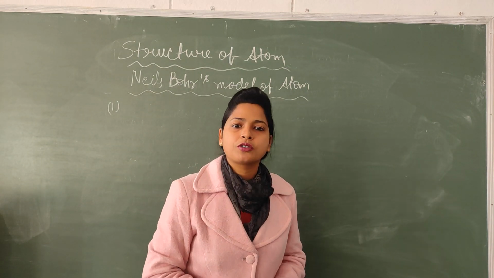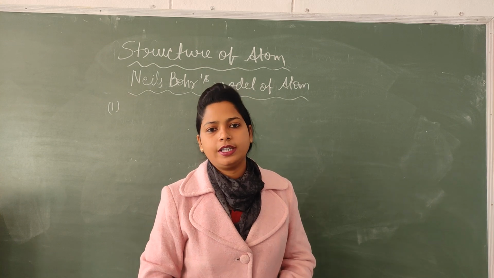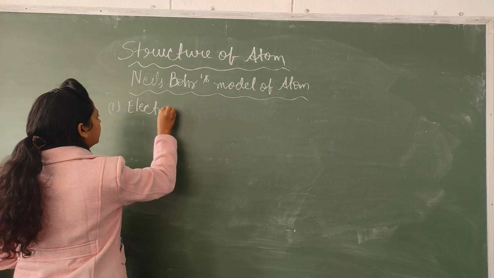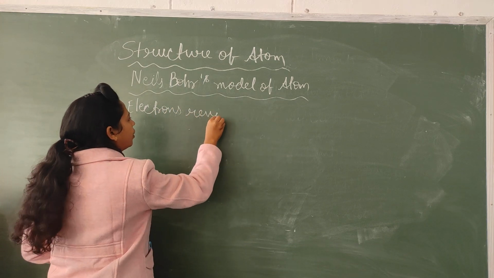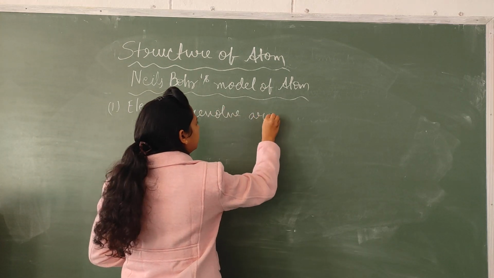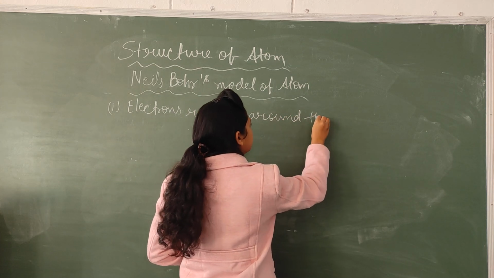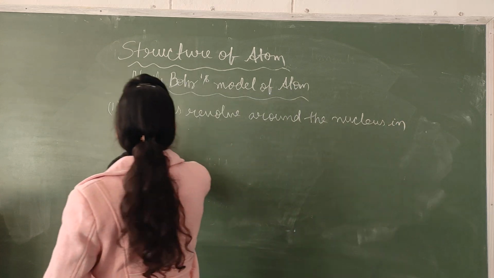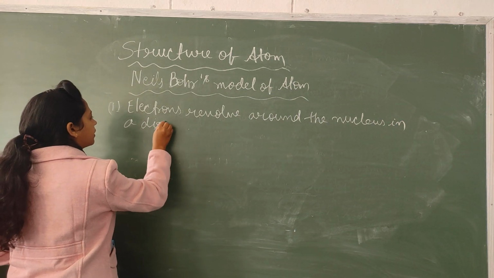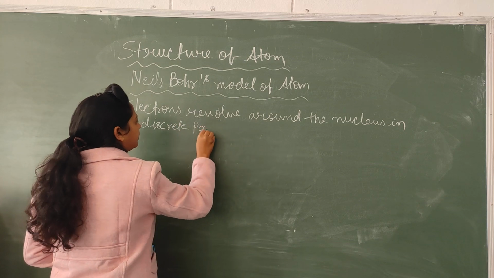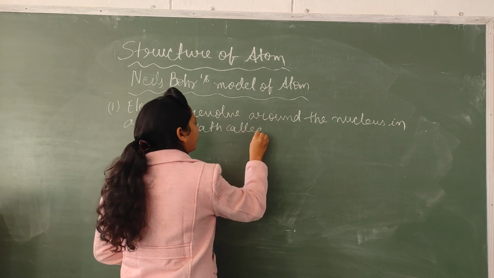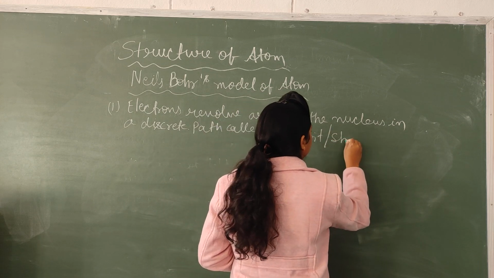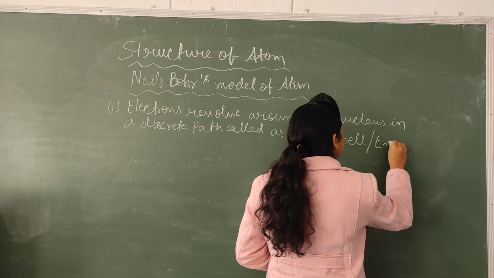The first postulate given by Neils Bohr is: electrons revolve around the nucleus in a discrete path called orbit or shell or energy level.